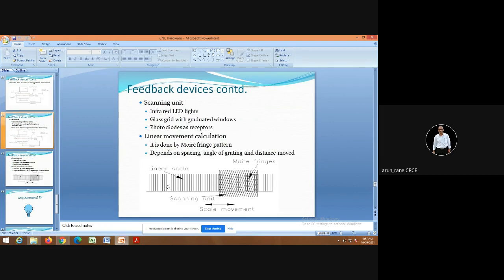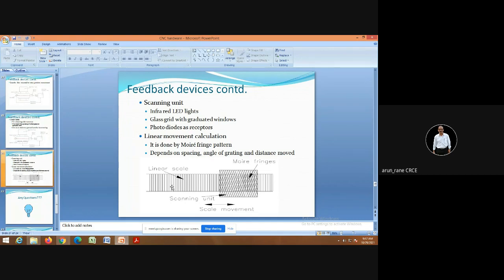There is other hardware also, like guideways, then servo motors, then turret, but it is not possible to study in this short duration.